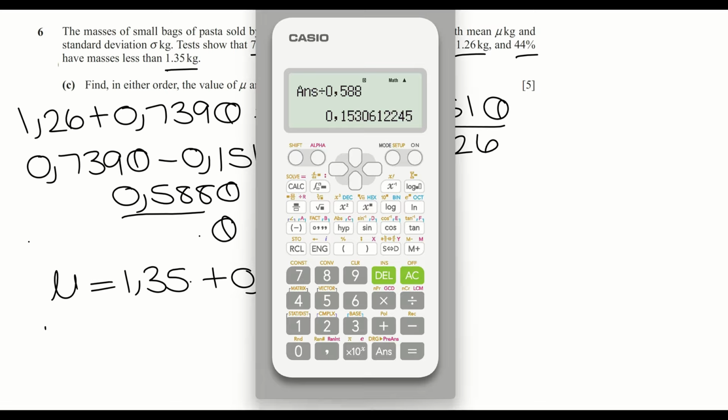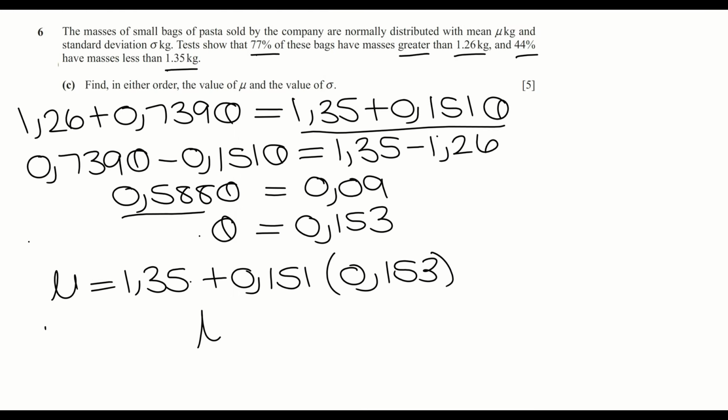Take my calculator. 1,35 plus 0,151 multiplied by 0,153 is equal to 1,373. Round off to 3 significant figures, and I see that mu is equal to 1,37.